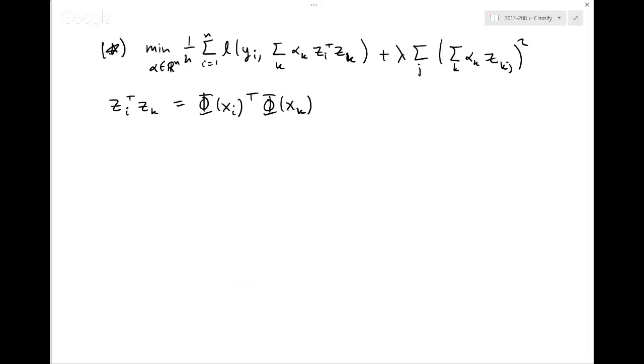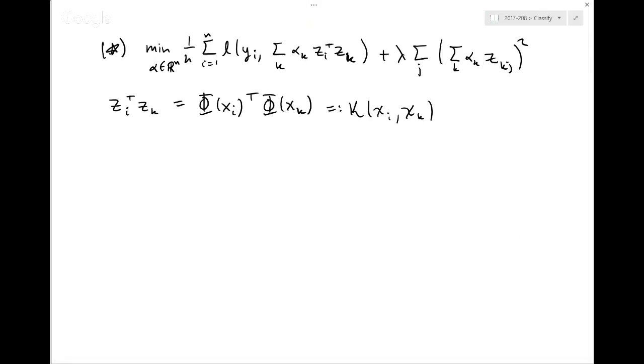So if you gave me two samples, then I could spit it out. And we're just going to call it k of xi, xk, and this is where I'm going to regret having used k as an index. I'll use capital K, or maybe a kappa. Typically a lowercase k is used there, but I'll just use kappa. So we'll just call it this, right?